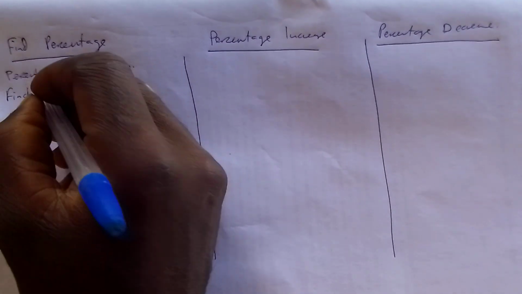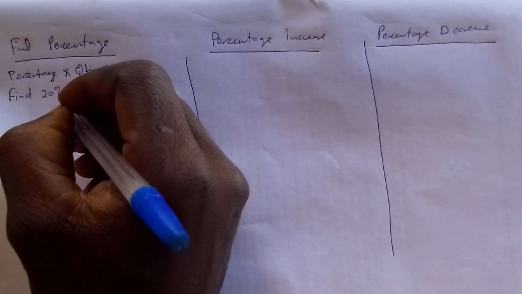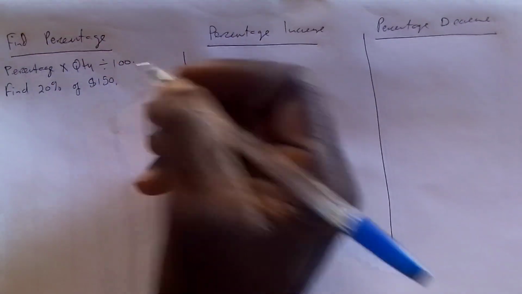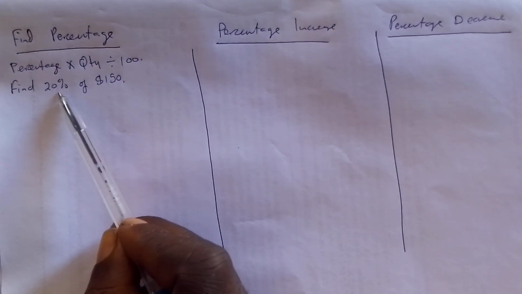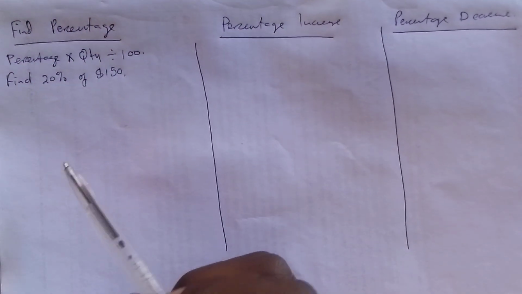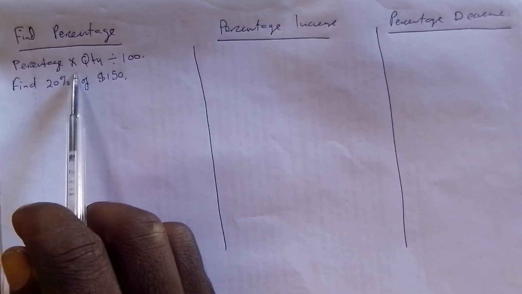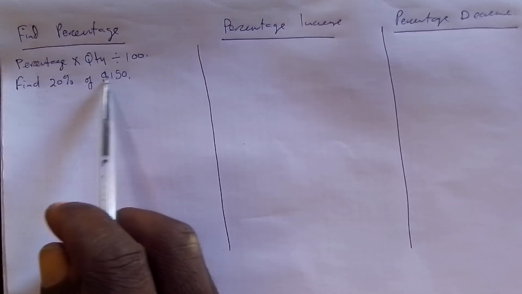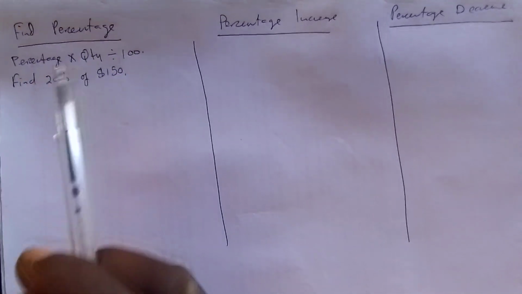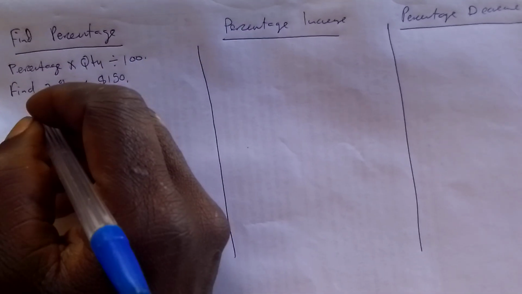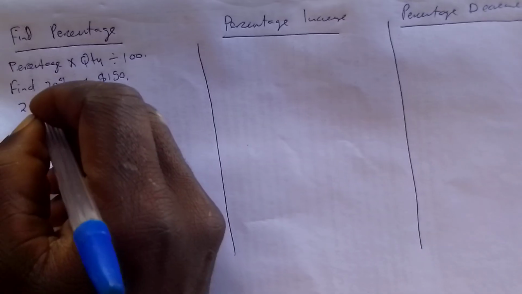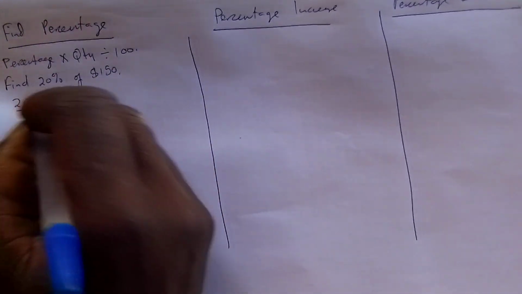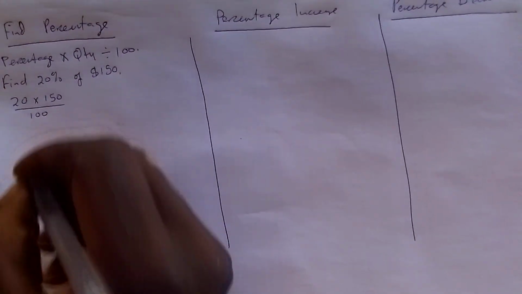Find 20% of 150. Now, applying our formula, it means we are going to take the percentage multiplied by quantity divided by 100. So it's going to be 20 times 150 divided by 100.